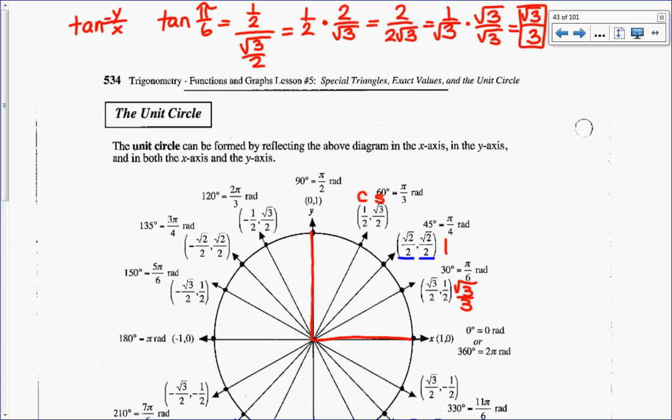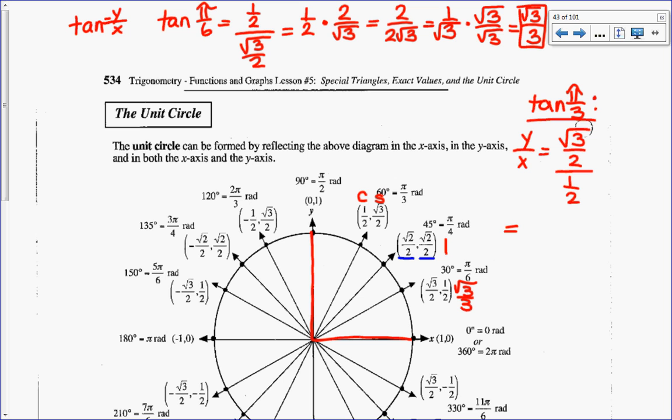And then we'll figure out the tangent of the 60-degree angle. We'll use our space over here to do that. So again, it's going to be your y. This is tangent of pi over 3. Okay, so it's going to be y over x, which is, your y is root 3 over 2, and your x is 1/2.